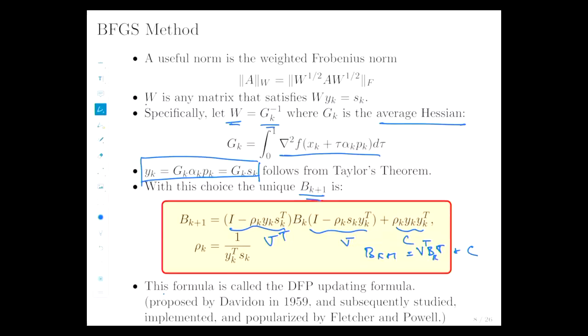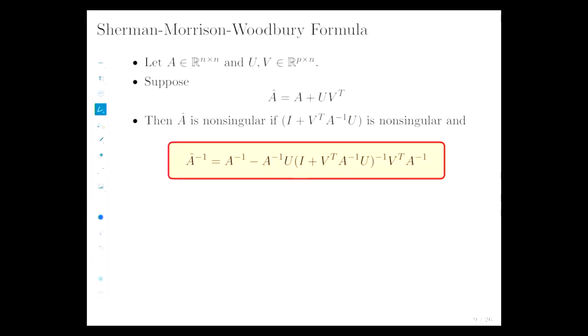Let's assume I have access to the inverse of Bk. Does anyone remember a way to efficiently calculate the inverse of Bk+1? The solution is the matrix inversion lemma. Woodbury, Sherman, Morrison, etc. So it's a general statement.